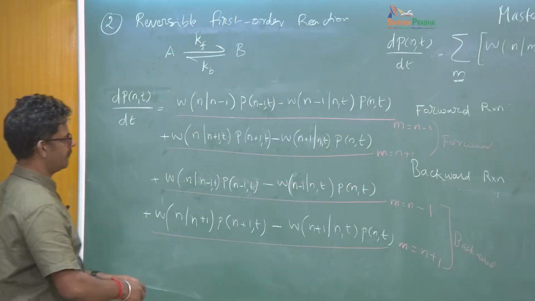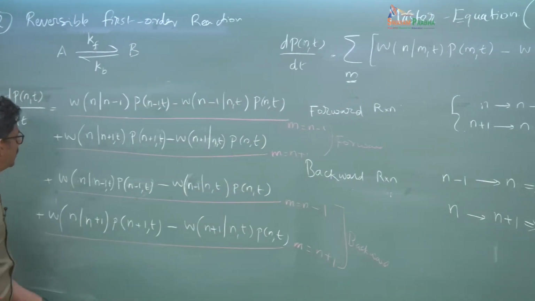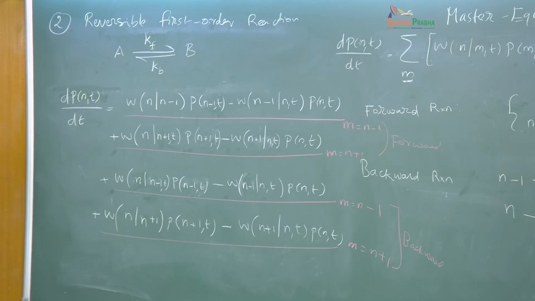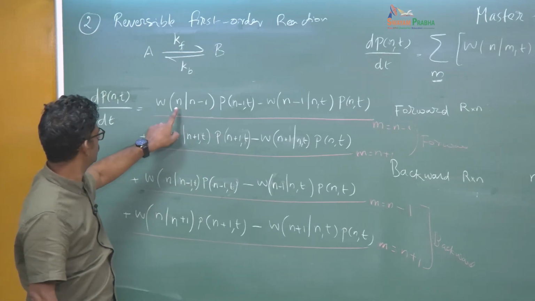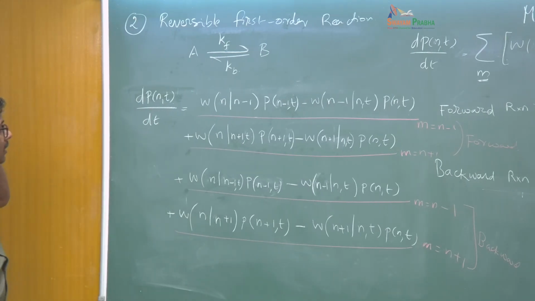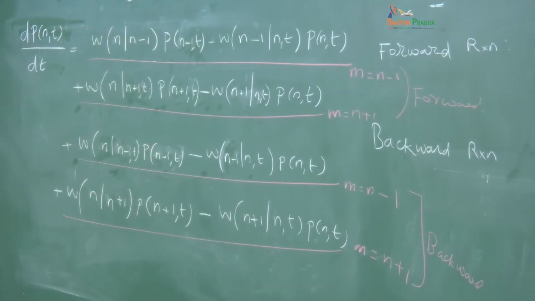So now we have already defined all these coefficients here, so we can replace them here. Forward n minus 1 to n.